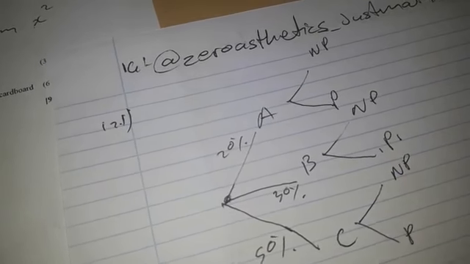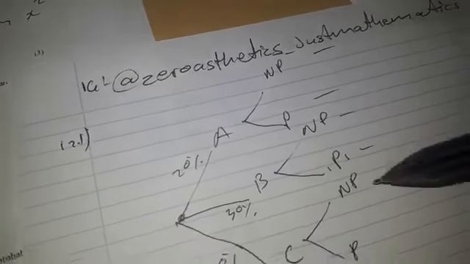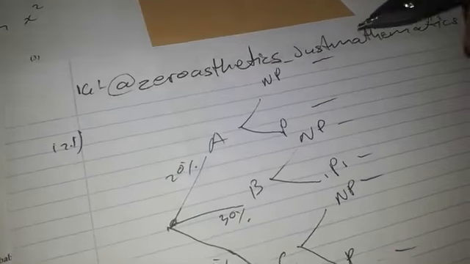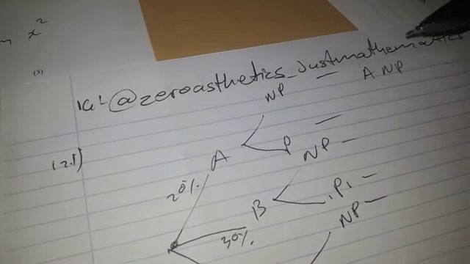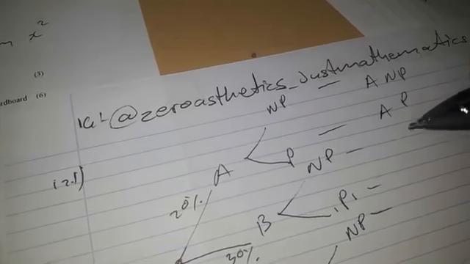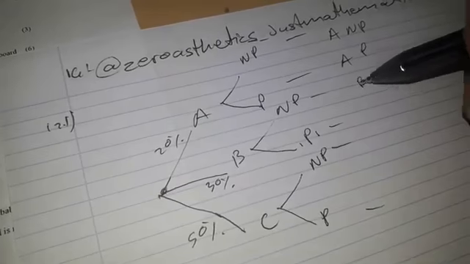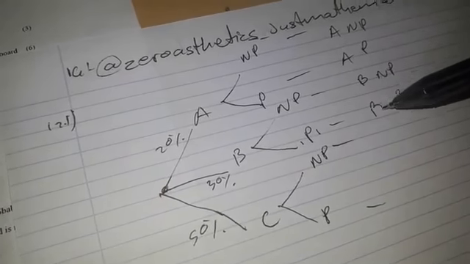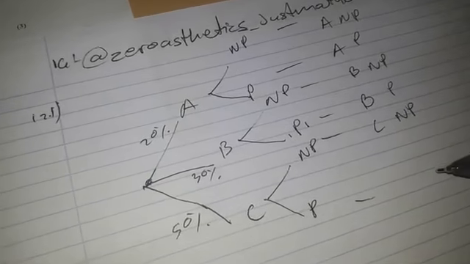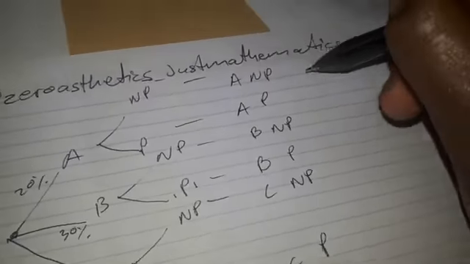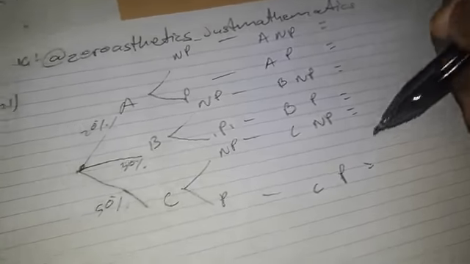NP, P. Now the big idea is our outcomes, right? You need to note those outcomes. These outcomes are going to be machine A and not perfect, machine A and perfect. Then not perfect from machine B, and perfect from machine B. And then not perfect from machine C and perfect from machine C, all of which have outcomes as values.